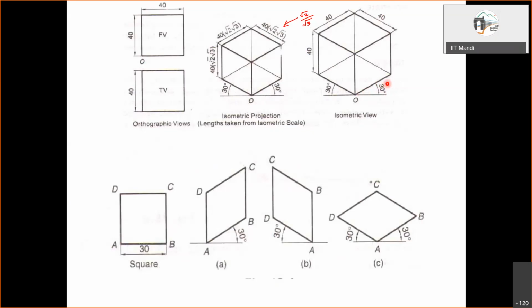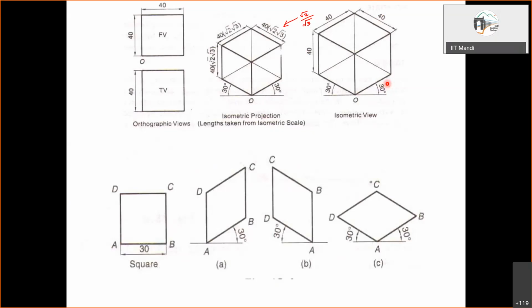Okay. So many times, since the purpose of isometric projection is generally to have good visibility of the maximum possible features in a single diagram, that is one thing. And secondly, if we use scaling, then the diagram may become smaller or bigger depending on what kind of scale has been chosen.